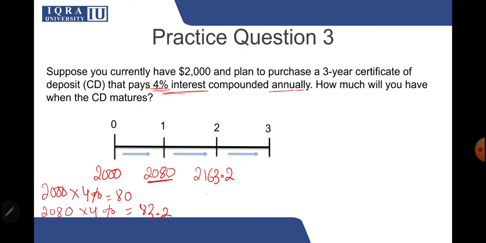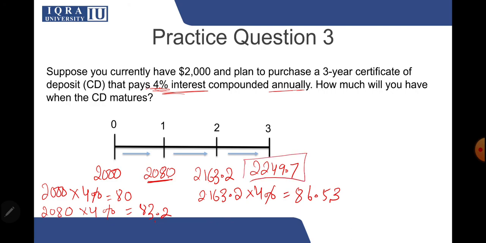Similarly, you will get interest on this now. 2163.2 multiplied by 4%, your answer comes to 86.53. So added to this 2163.2, this will become 2249.7. So this is how we did it on a timeline.